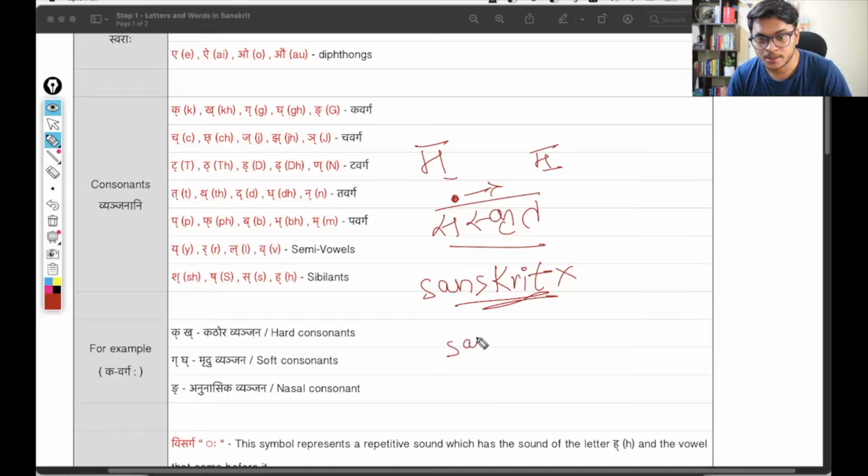It should be written as Sanskrit. See. So we have all been pronouncing this Sanskrit as Sanskrit only, and I still pronounce Sanskrit a lot of times as Sanskrit only. But the correct pronunciation of this word is Sanskrit.